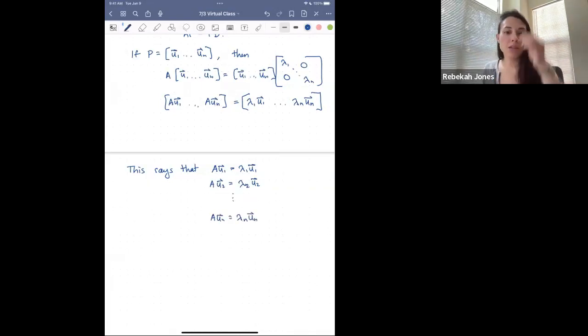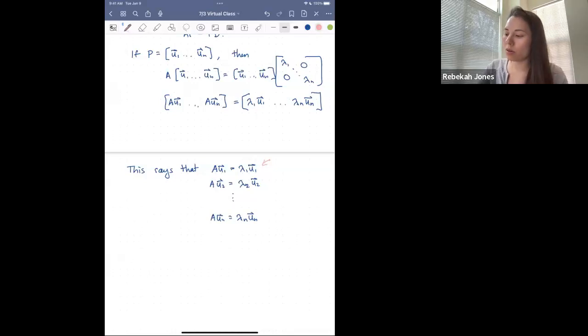Okay. And so now if we're looking at these equations, maybe we can just focus on the first equation in this list. What's going on here looks exactly like our definition of being an eigenvector.